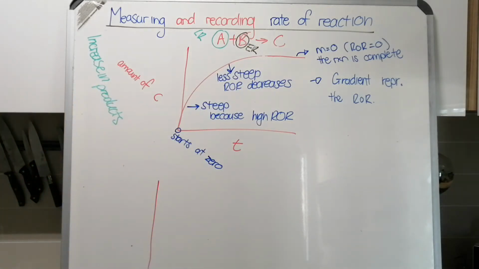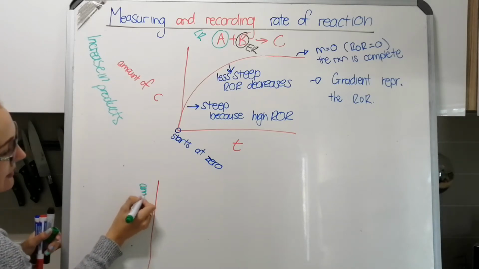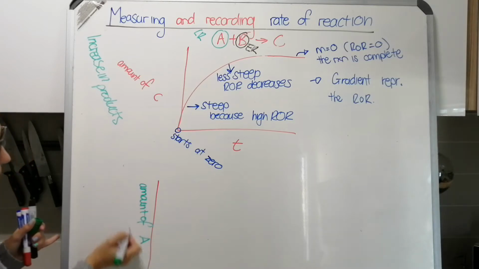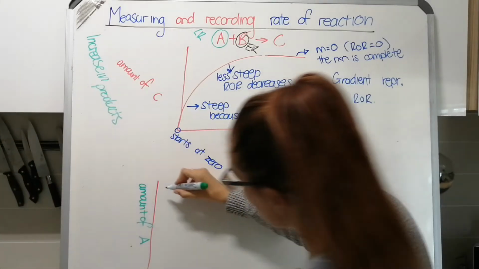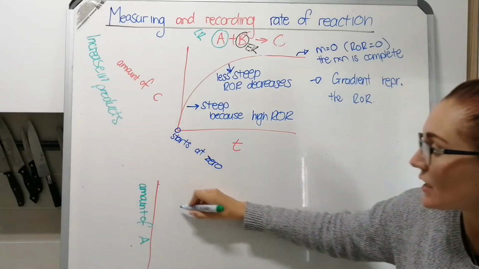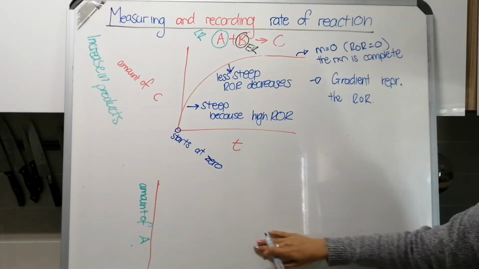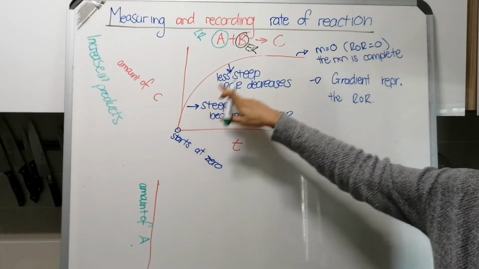Okay, so what's going to happen is the amount of A, so our y-axis here is the amount of A, and then we'll do the amount of B as well in a different color. So we're going to start with however much of A we start with, okay? And that amount is going to decrease, right? As our reaction progresses, the amount of A is going to decrease, and the way it's going to decrease is going to be similar to this.